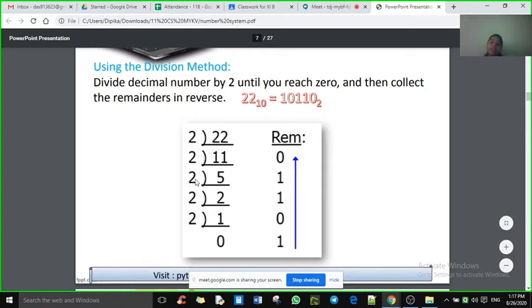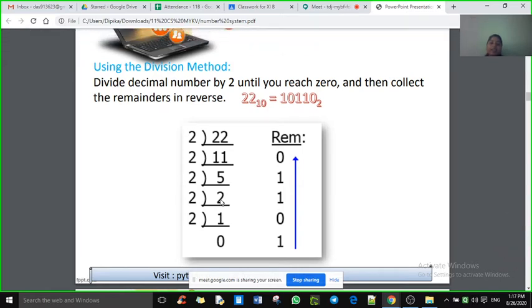Now again I will divide by 2, 2 twos are 4, remainder is 1. Again I will divide by 2 until I get 0. So 2 ones are 2 and remainder is 0. Now it's 1 here, that's why the quotient will be 0 and the remainder will be 1.